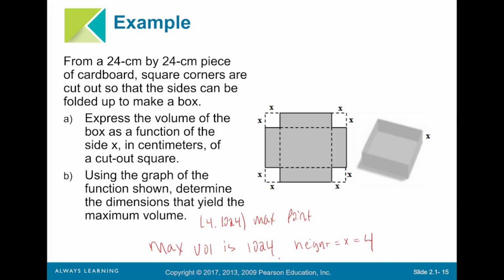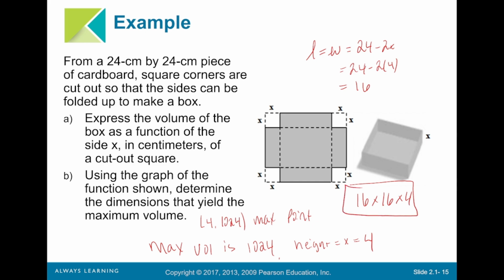And then we actually have to go back for the other two. If you remember, our length and our width is 24 minus 2x, and our x value is 4. So this is 24 minus 2 times 4, which is 16. So the largest box we can get is 16 by 16 by 4. And that max volume will be 1024.